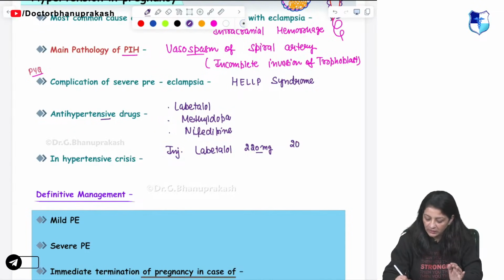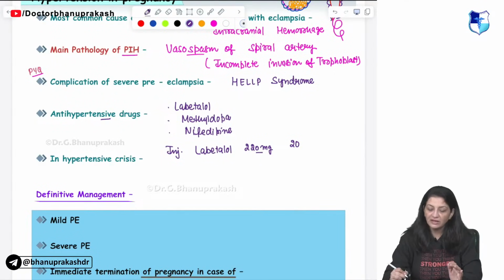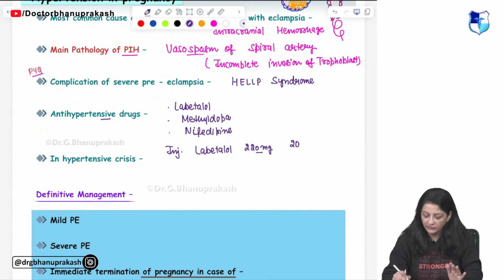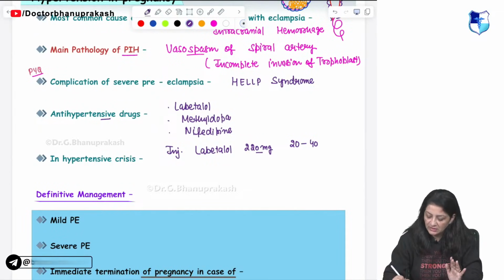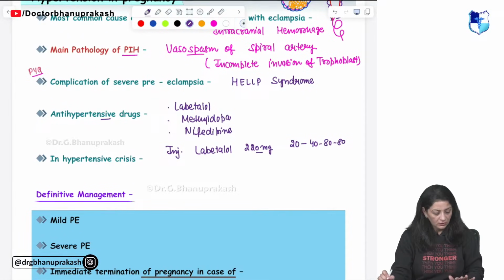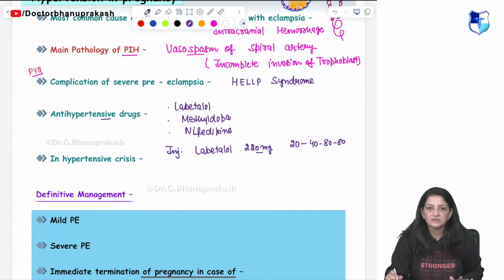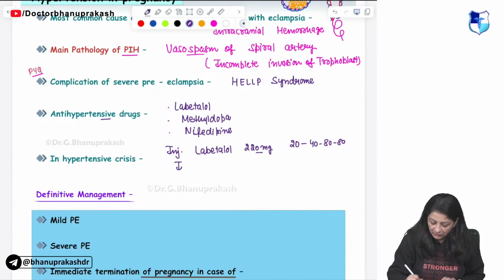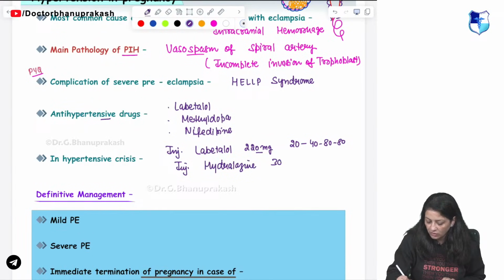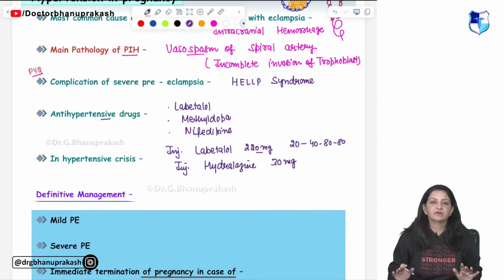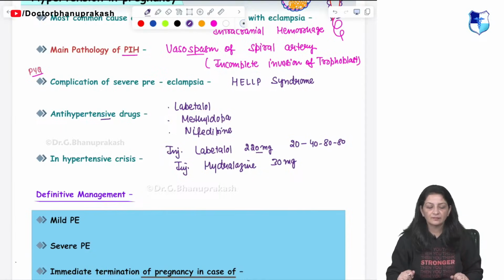First we have to give 20 milligrams, wait for 15 minutes, then 40 milligrams, wait for 15 minutes, then 80 and 80. Or we can give injection hydralazine with a dose of 30 milligrams in case of hypertensive crisis, uncontrolled BP.